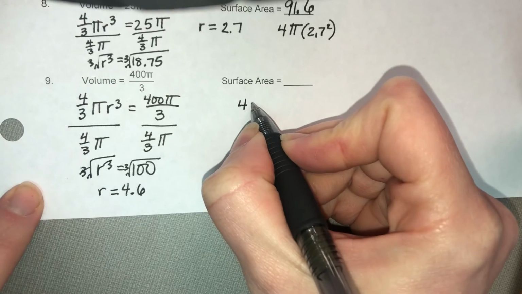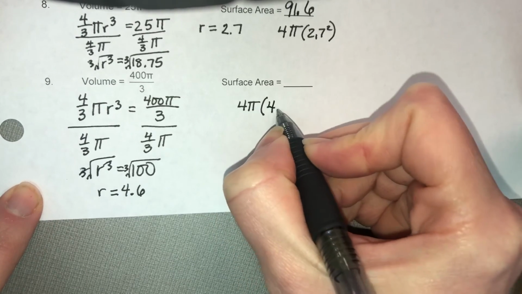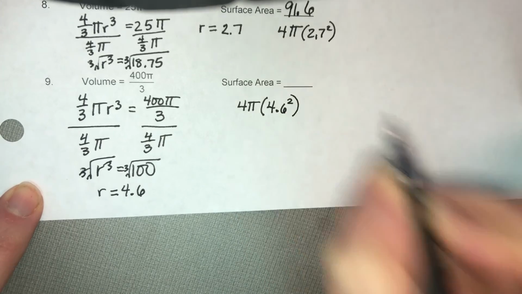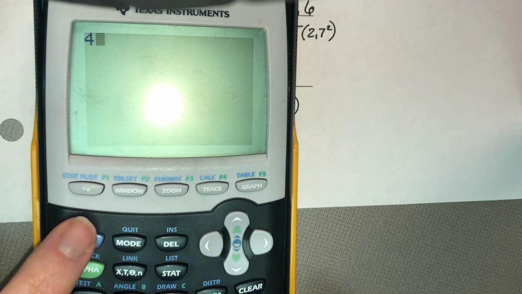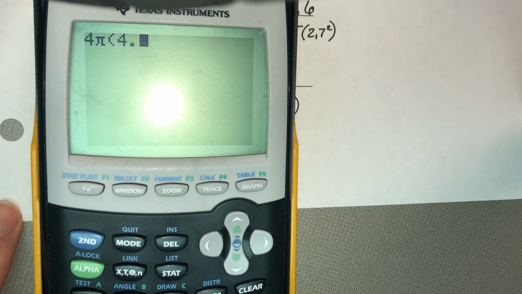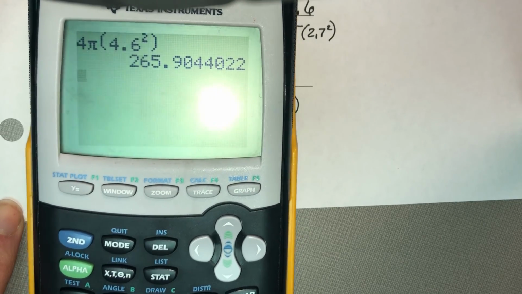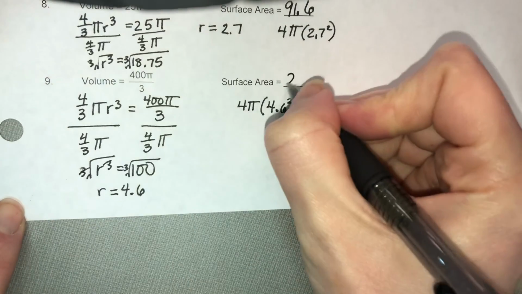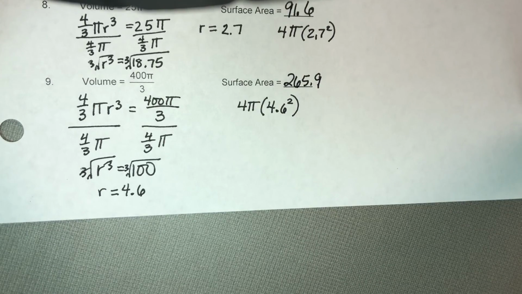The surface area formula is 4 pi r squared. So I'm going to do 4 pi times 4.6 squared equals 265.9. 265.9 is the surface area.